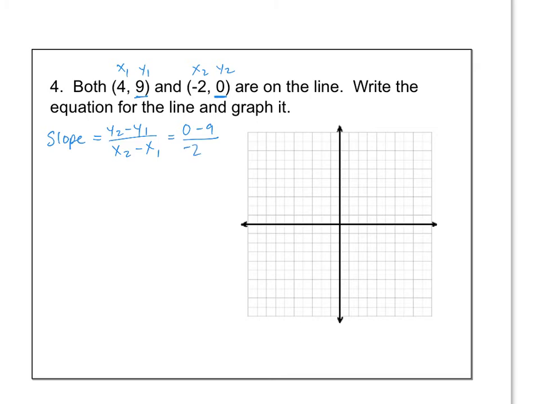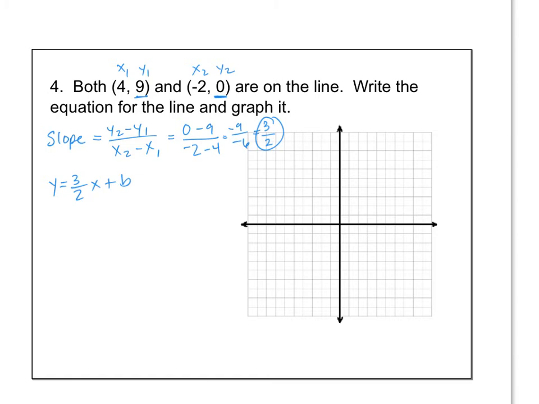So negative 2 minus 4. This ends up being negative 9 over negative 6, which 2 negatives make a positive. And then think, 3 goes into there 3 times and 3 goes into there 2 times. The slope is 3 halves. So y equals 3 over 2x plus b. Aha, we have our slope.